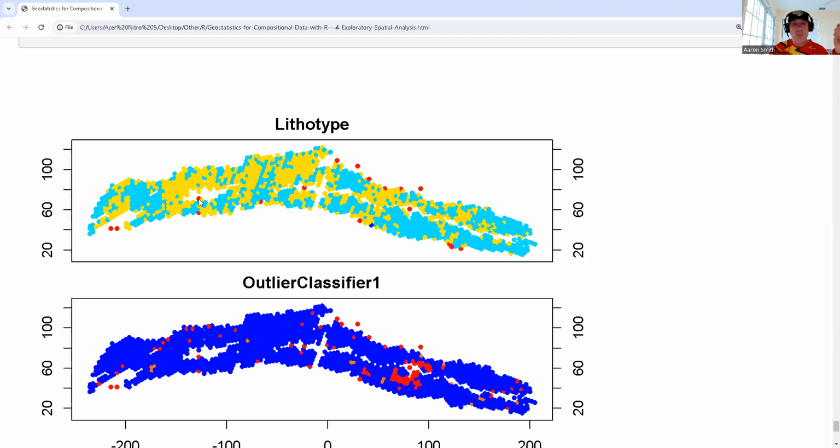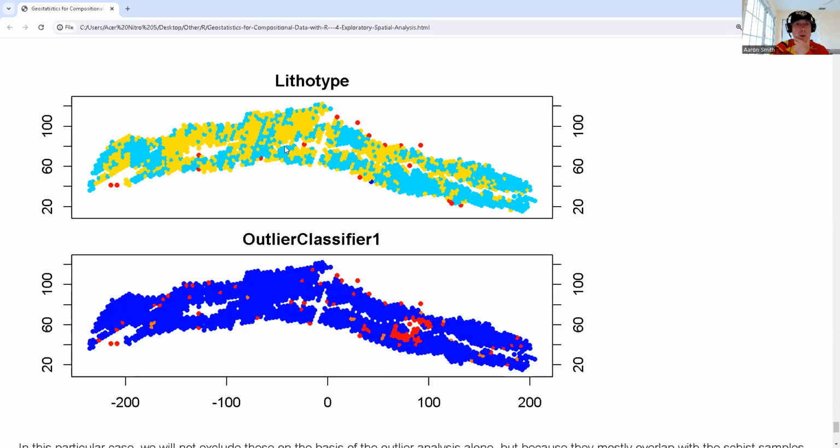And so here's our lithotype, and you can see that basalt and schist are just kind of scattered throughout. They're not very common, and the schists are mostly along the boundaries. We got these 2 points, or 3, that are contradicting that.